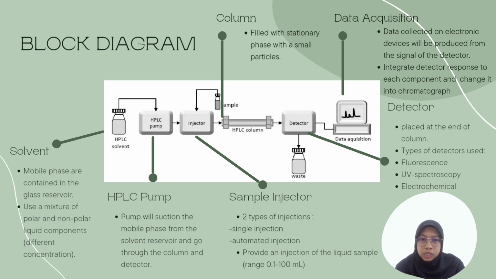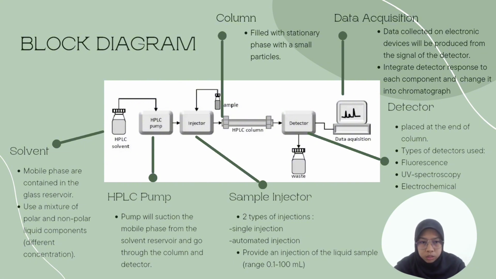Next, for the sample injector, the injector can be a single injection or even an automated injection system. It injects 0.1 to 100 milliliters of volume with high reproducibility and under high pressure.